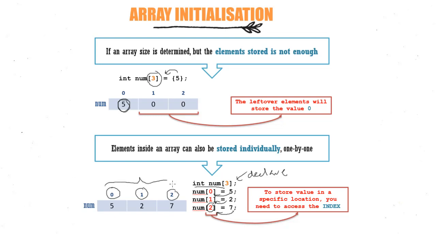So you need to know where you want to put your data, and this is determined by the index. To store a value in a specific location, you need to access the index. This is very important inside an array because you have a lot of data, and you want to know where to put your data.